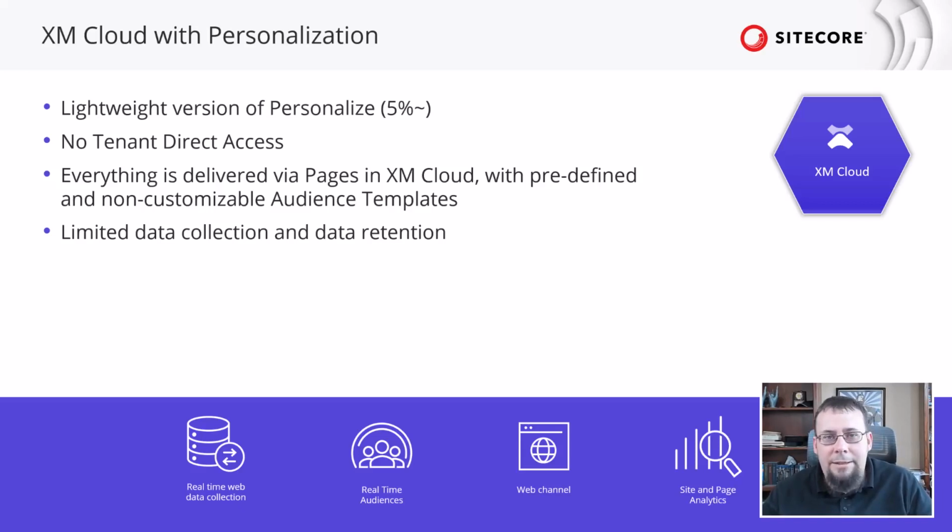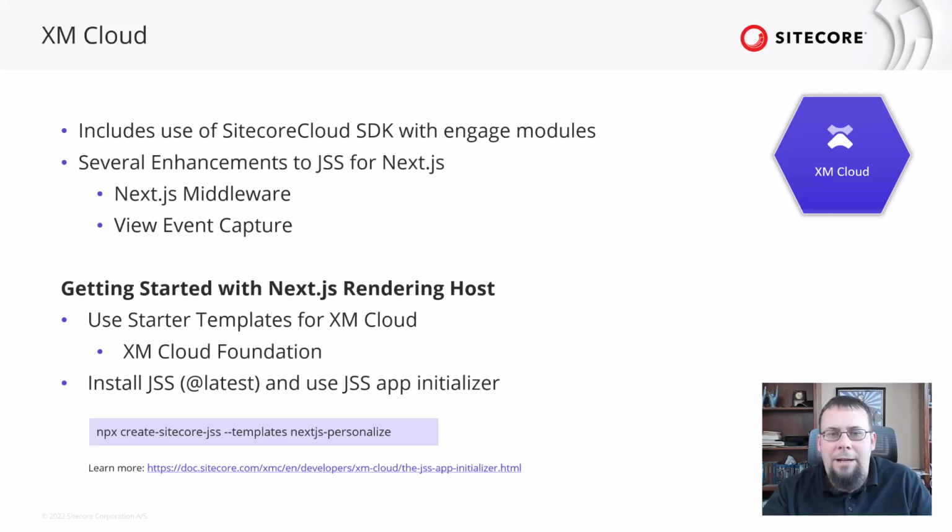In terms of analytics and data collection, it's limited to 30 days and limited to just view events. So think of it as a very slim, small sliver of what you would get with a personalized only tenant. So let's talk about what has been configured in XM Cloud to enable both collection of view events and to enable personalization.